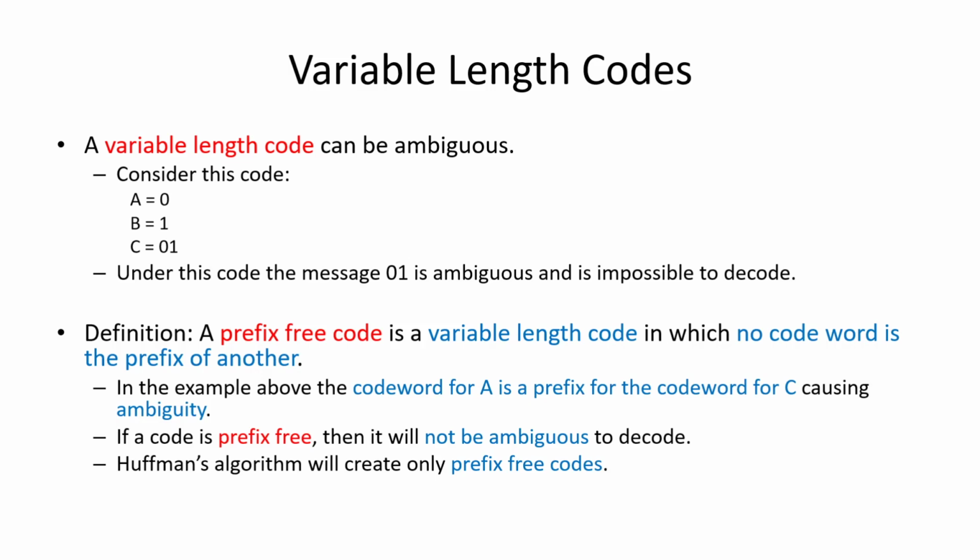When we see the 0, we don't know if that's encoding an A or if it's encoding the first bit of the C. If, on the other hand, a code is prefix free, we won't encounter this problem. We'll never encounter this problem, in fact, if no code word is the prefix of another. And so we will not have this ambiguity in decoding, and it will enable us to make decoding possible. And luckily for us, Huffman's algorithm will always create these prefix-free codes.